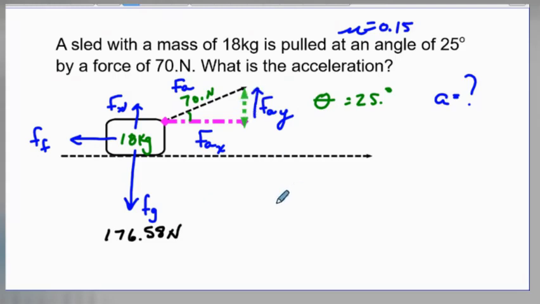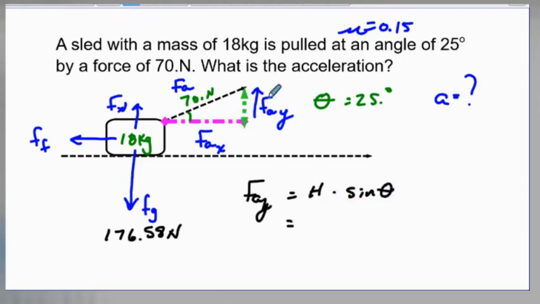Okay, so the next thing I'm going to do is figure out my FA in the y component. And from the previous example, we saw that that would be equal to the hypotenuse times the sine of theta.